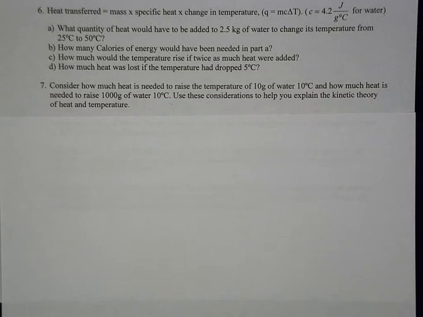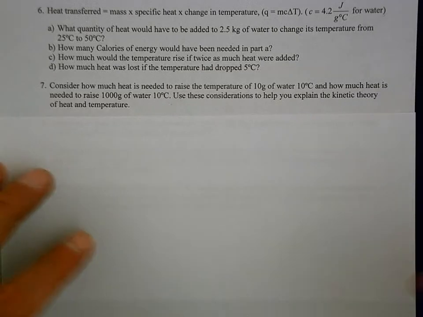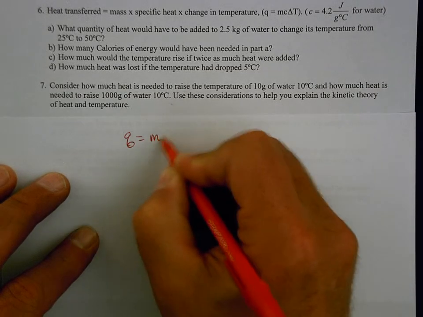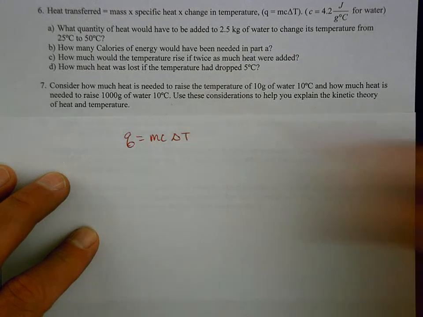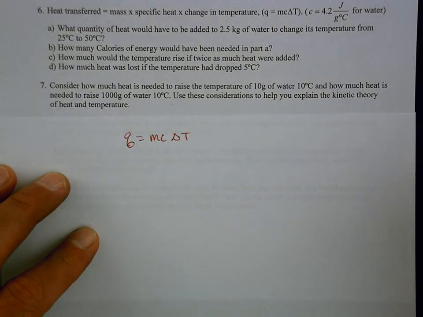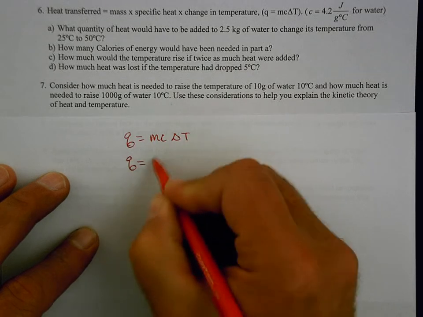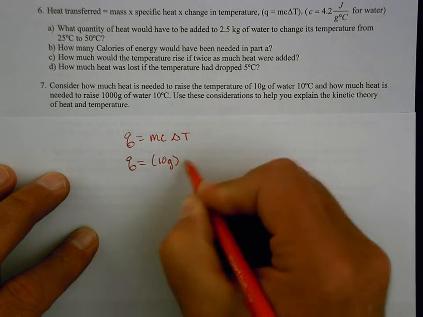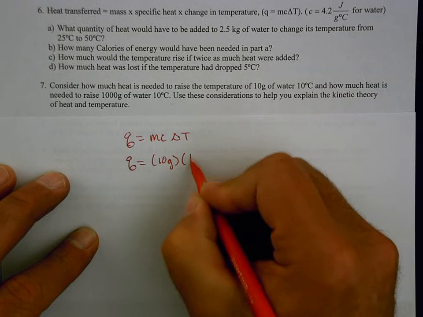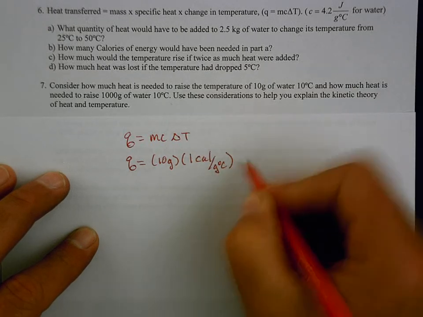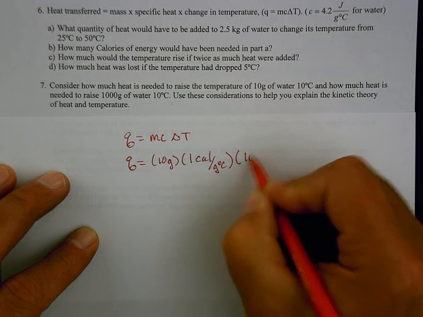What I wanted was, what's the difference between heat and temperature? Really, use this information. Well, let's think about what we were working on. Q equals mc delta T. Let's consider the 10 grams of water. The C for water is 1 calorie per gram degree Celsius, and I want to go up 10 degrees.